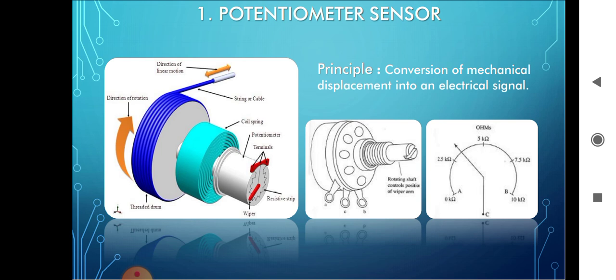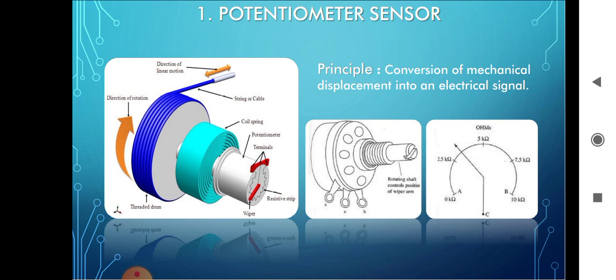Then this is the picture of the potentiometer sensor. In your syllabus and notes, the structure is given in diagram form. In a potentiometer sensor, there is a resistive element, a sliding wiper, and a diaphragm, and at the input of that diaphragm we apply the pressure, right?